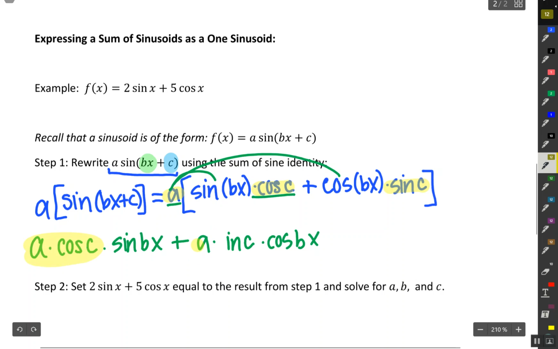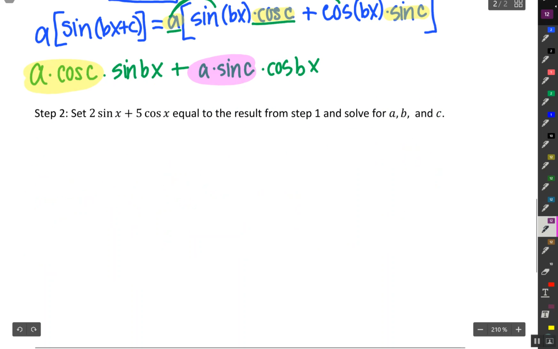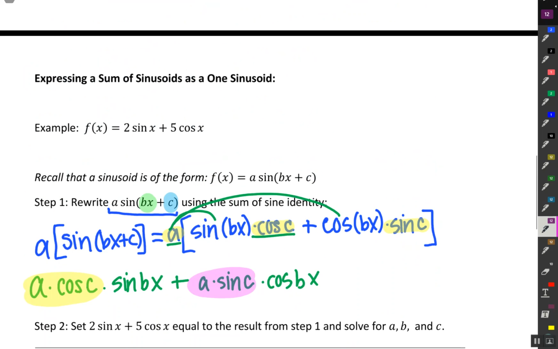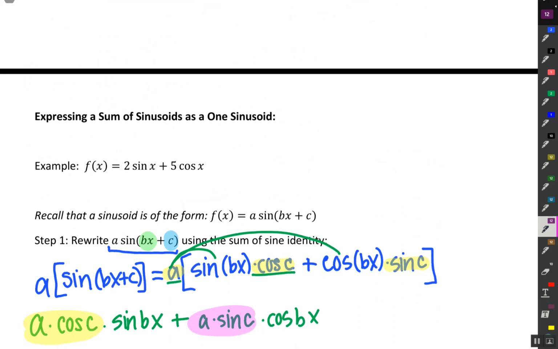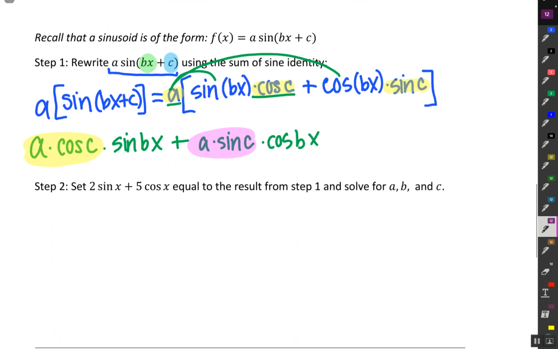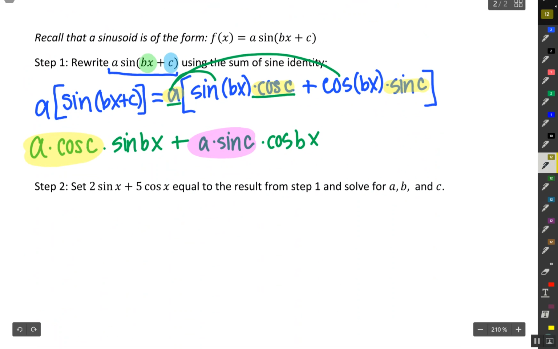In fact, let me highlight that in a different color because we're going to use them individually. So remember that we were trying to take this function 2 sine of x plus 5 cosine of x. If you look at it, you can hopefully see the constants. The constant here is 2.